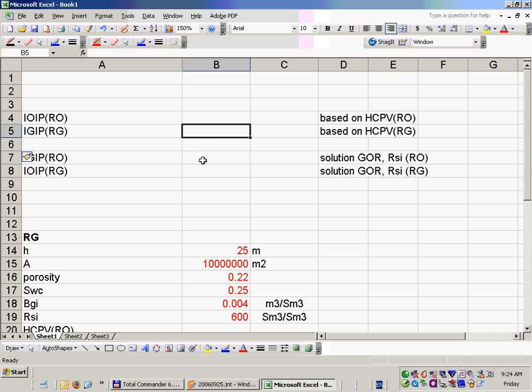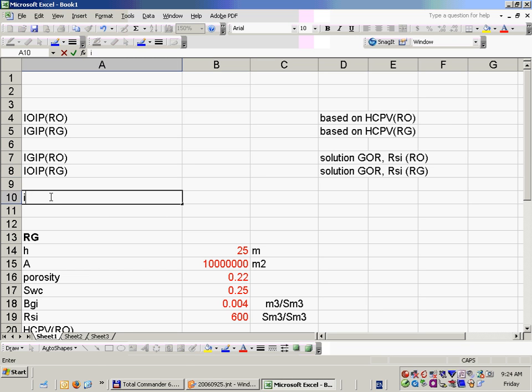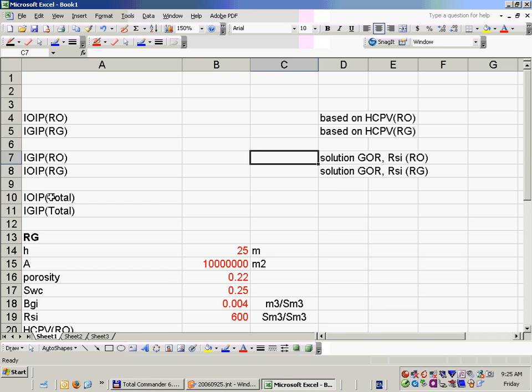Once we have these 2, we can calculate the solution initial gas in places. And then we'll get the totals. Initial oil in place, total, like that, and we'll just add them together. And all of these are going to be standard cubic meters.